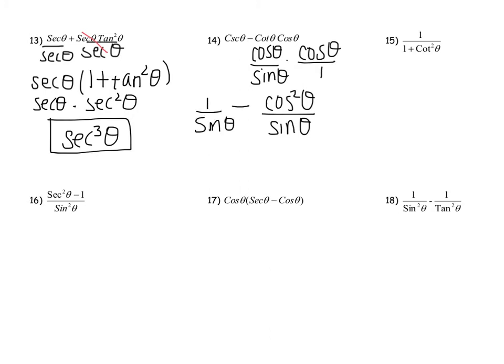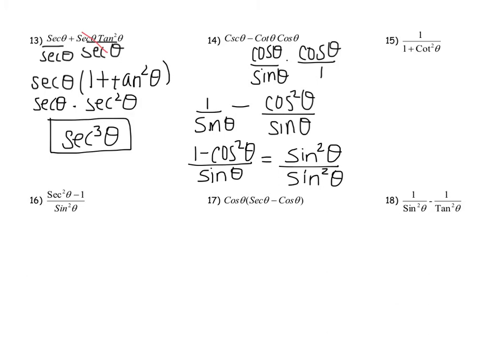And subtract. So now that we have the same denominators, we just simply subtract the tops. So the top is just 1 minus cosine squared, and the bottom stays as sine squared. And 1 minus cosine squared is sine squared over sine squared, which is 1.